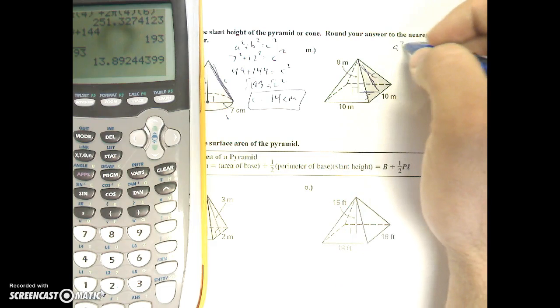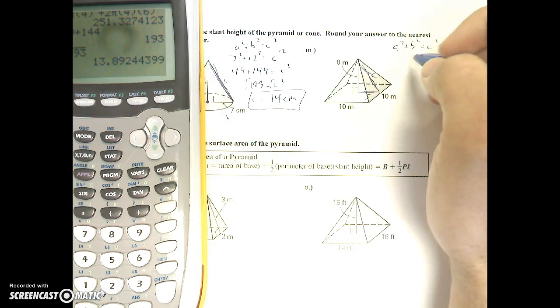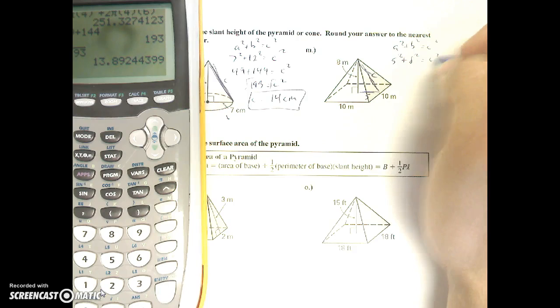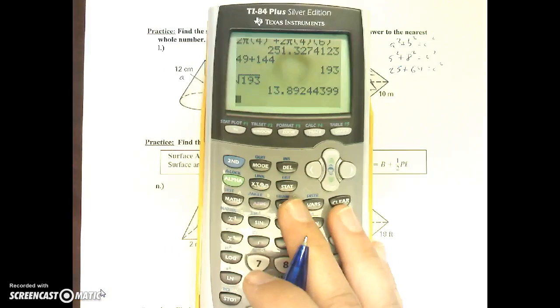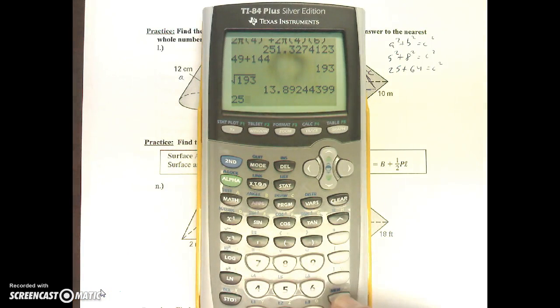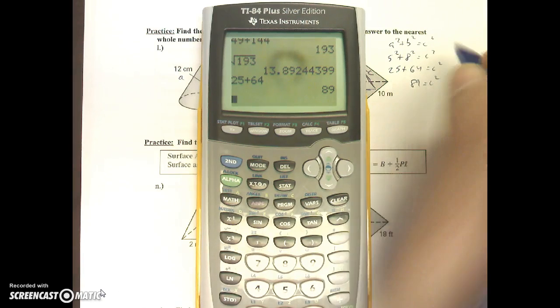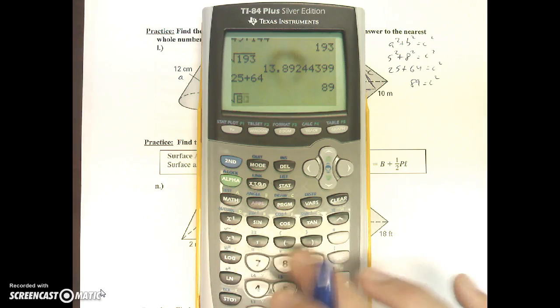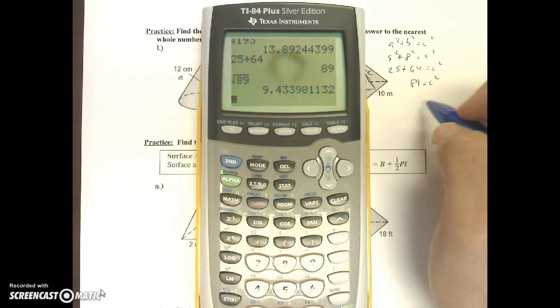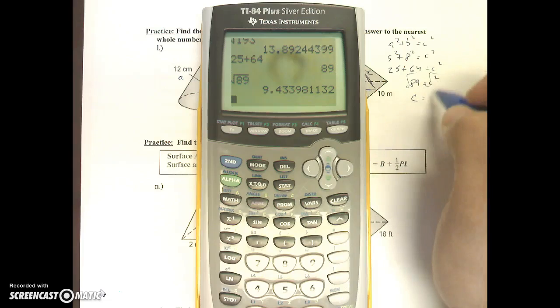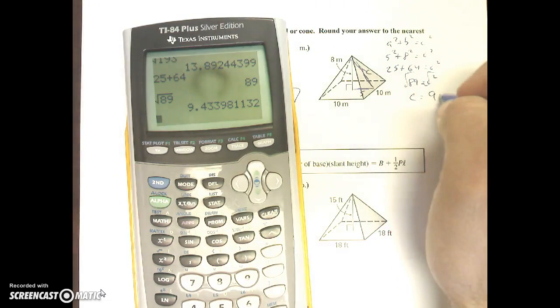So if I plug everything in, we're looking at 5 squared plus 8 squared equals c squared. 25 plus 64 equals c squared. 25 plus 64 is 89. Square root of 89 is 9.43. It says round to the nearest whole number, so we're going to go with 9. And we're talking about meters.